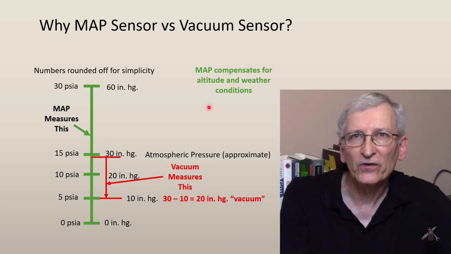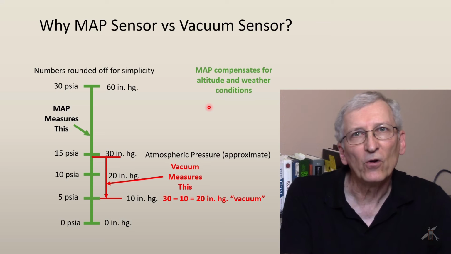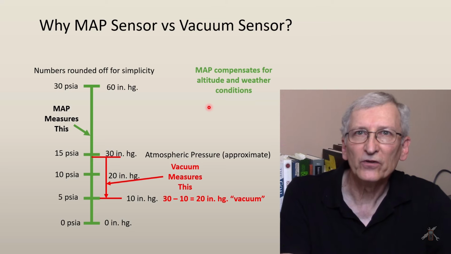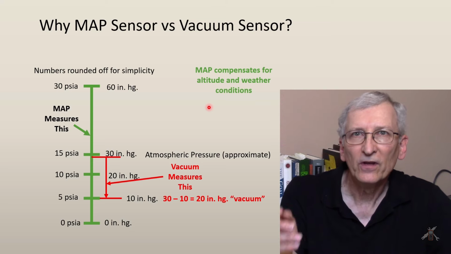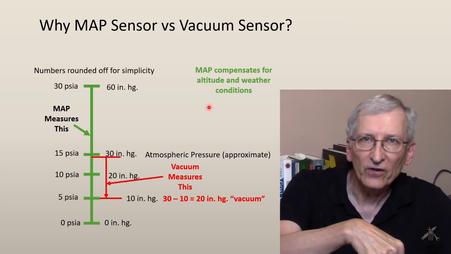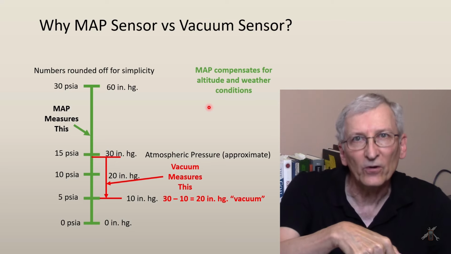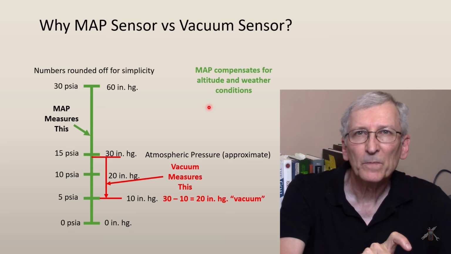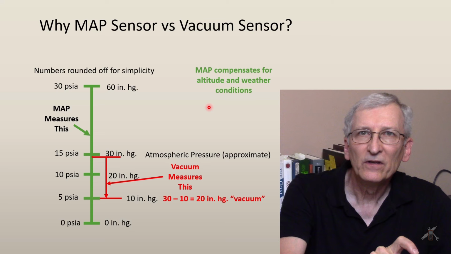If the barometric pressure is high or low, or if you go up a mountain, MAP tells you what the air pressure is in the intake manifold, and that air pressure is going into the cylinder and being fed fuel. So it's a better number to read the absolute pressure than it is to read the vacuum.